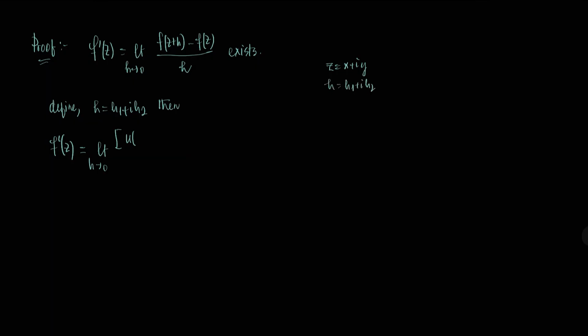Here f, you remember, is u plus i v. So z plus h is x plus h1 plus i times y plus h2. So that will give us u of x plus h1, y plus h2, and this is u plus i v.